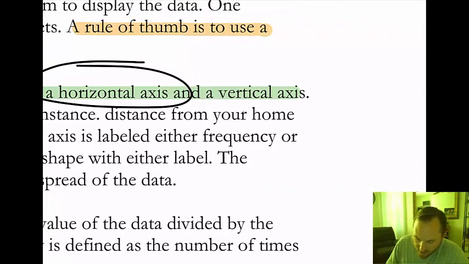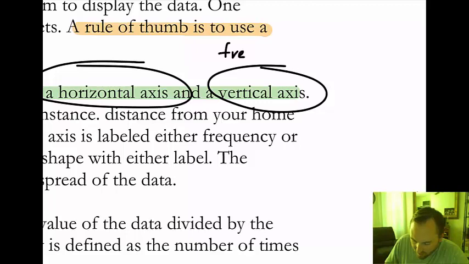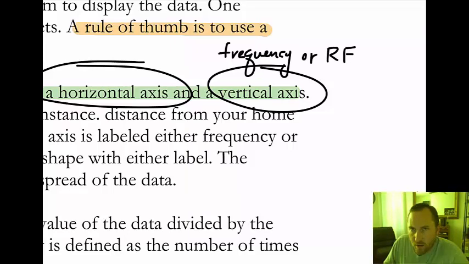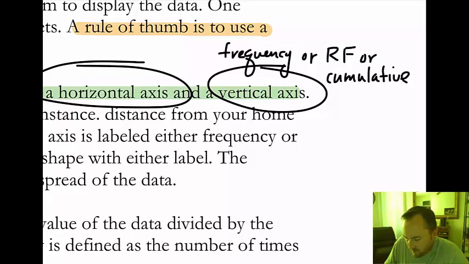And the vertical axis goes back to frequency or relative frequency. There are other things too, like cumulative frequency, but we won't do that for a histogram.